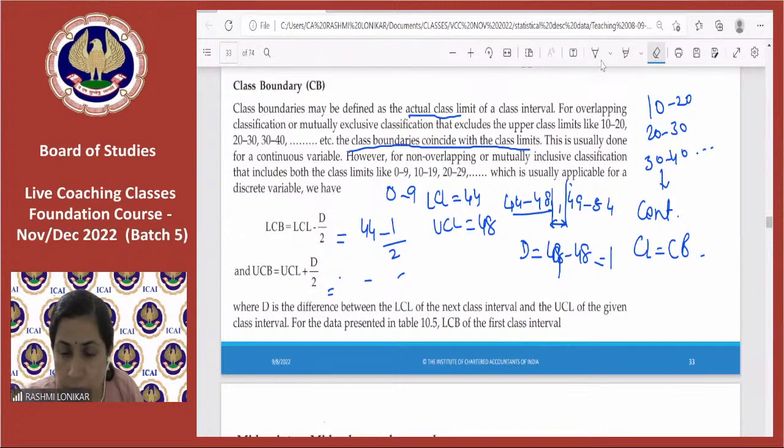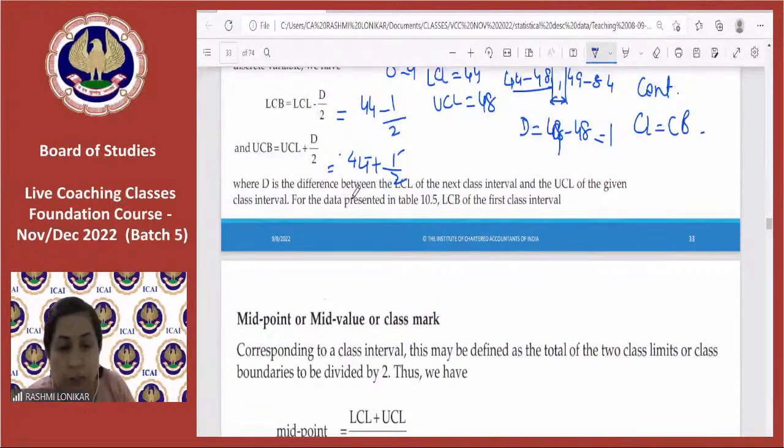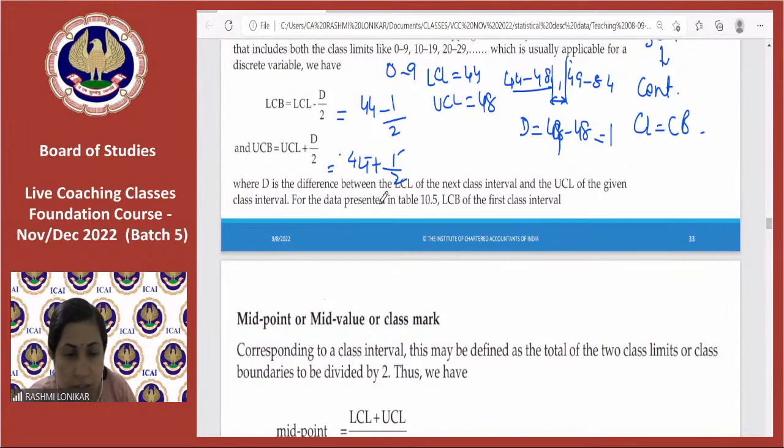So D is the difference between the lower class limit of the next class interval and the upper class limit of the given class.